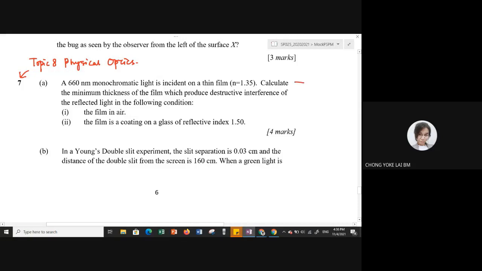Kalau you ingat lagi apa teacher beritahu you, bila you jumpa soalan thin film, pertama you visualize dulu your thin film. Okay, then you tanya diri any phase change for the reflected ray. So kita kena pasti dulu any phase change for reflected ray.